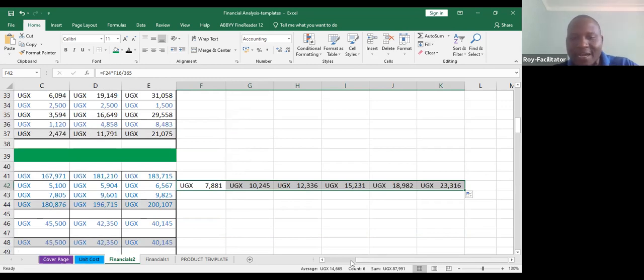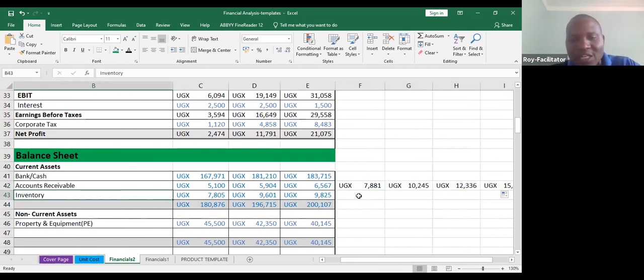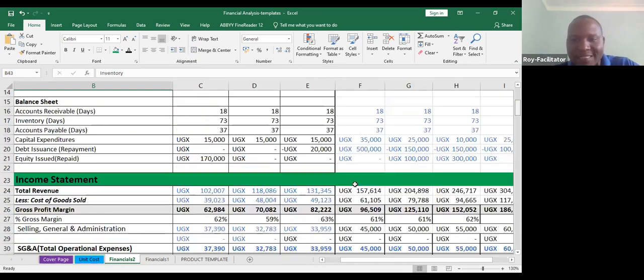Then I look at inventory. Inventory is like stock for those who have stock. Here we said it takes about 73 days for my stock to be with me.